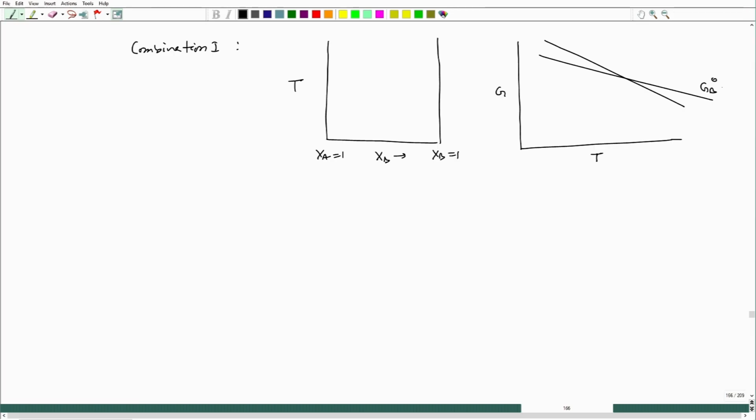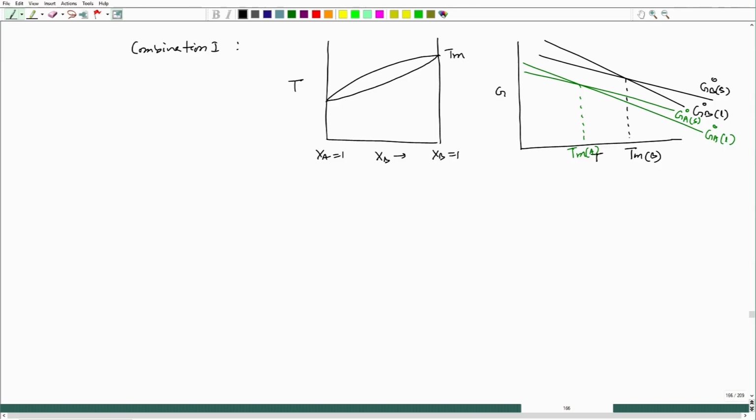This is G B naught solid, this is G B naught liquid, and this corresponds to T m B. And this is G A naught for solid, this is G A naught for liquid, and this corresponds to T m A.